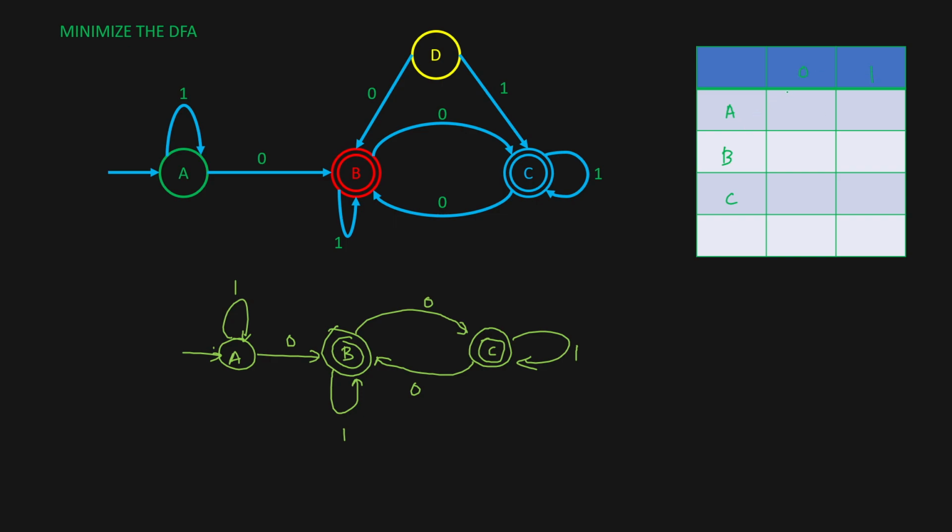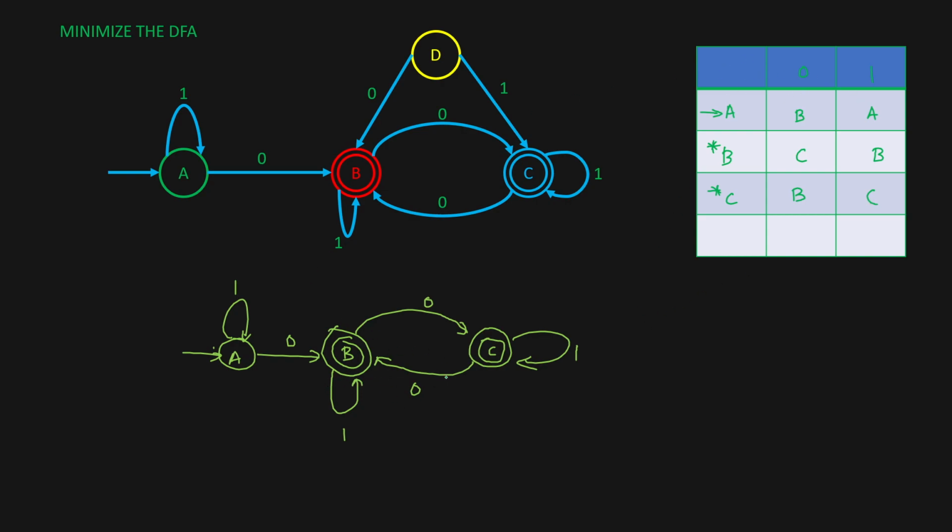On getting input 0 in state A, you go to state B. State A is the starting state, that's why this arrow, and states B and C are final states, that's why this star mark. On getting 1 in state A, you go to state A itself. What about state B? You get input 0, you go to state C. You get input 1, you stay in state B itself. What about state C? You get input 0, you go to state B. You get input 1, you go to state C itself. So this is our transition table for our DFA.